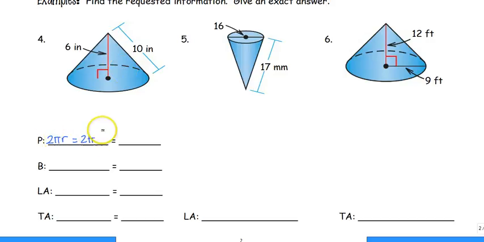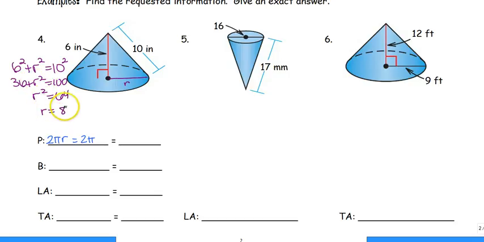I am not given my radius or my diameter, but I am given that this is 10, this is 6, so I can create a triangle to use Pythagorean Theorem. 6 squared plus r squared is equal to the hypotenuse of 10 squared. We've got 36 and 100. r squared is equal to 64, square root. So our radius in this case is going to be equal to 8. We fill that in, giving us 16 pi inches for our perimeter.